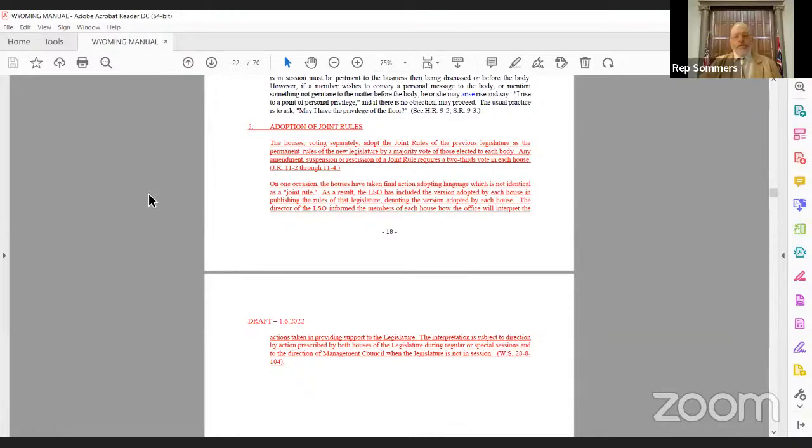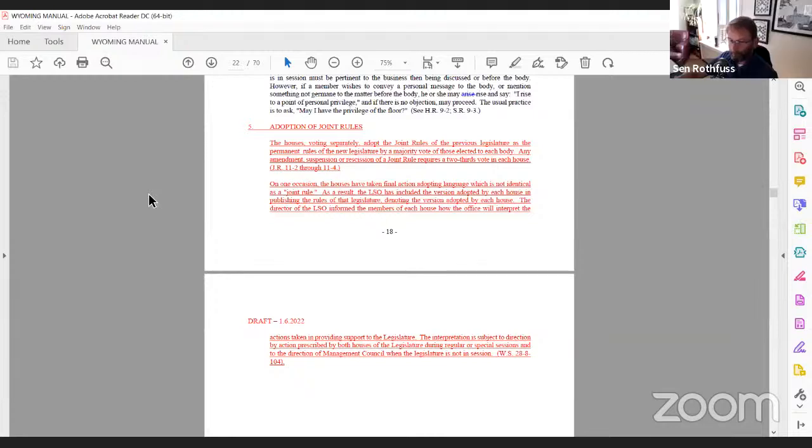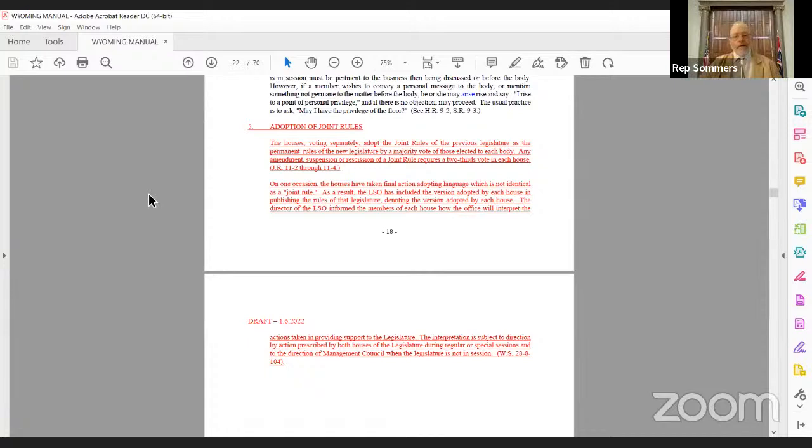So Senator Rothfuss, I guess we can have that discussion at the time we take this up. Okay. Just, I guess, note to staff to note that particular place. So when we make that motion, we can come back and have that debate on that particular issue. Thank you, Mr. Chairman.